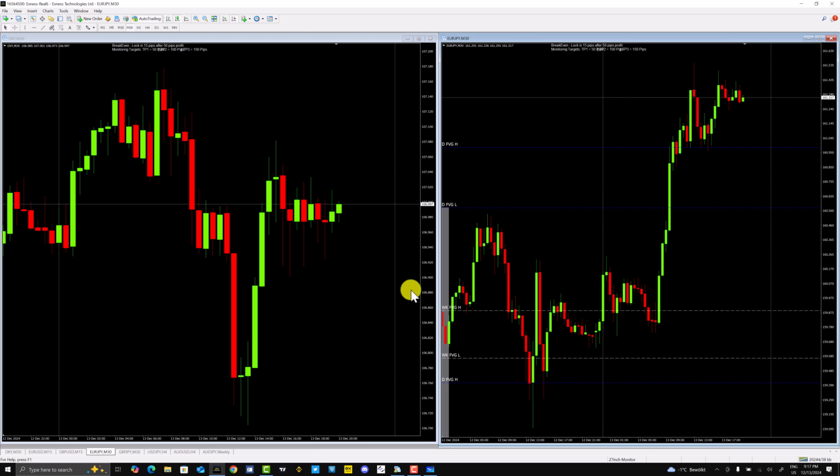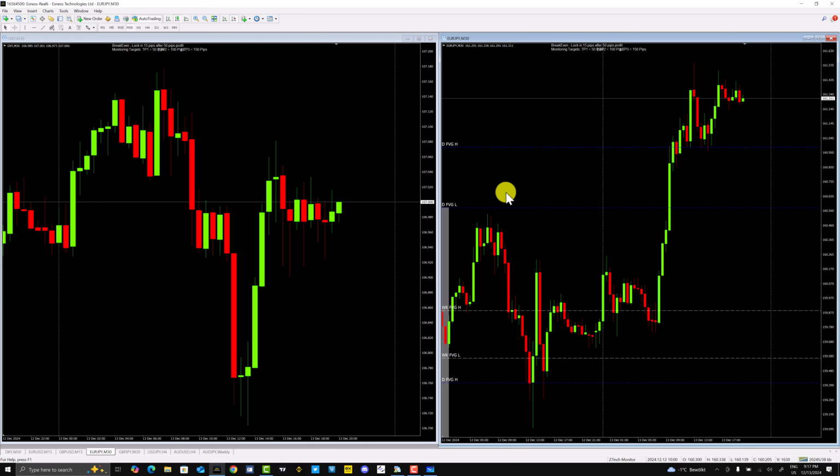So I can just go back in time and do some back trace. Also, take a look at anytime the dollar index is ranging. Anytime the dollar index is ranging, you can have the same thing working in the euro yen.